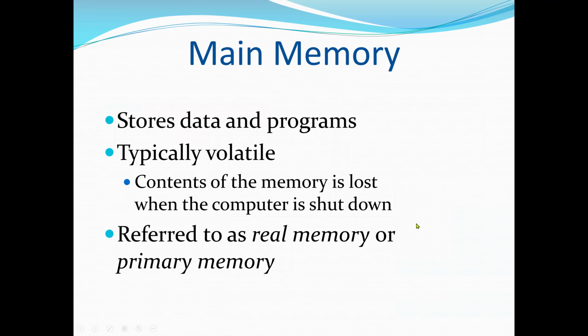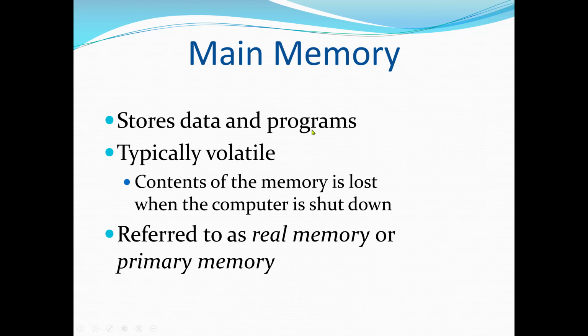Next, we go to the main memory. Main memory is where our execution normally takes place. When we start our computer, the first thing that will be loaded into the main memory is our operating system, the kernel files. The main memory stores the data and programs. Any program that needs to be executed must first be loaded into the main memory.